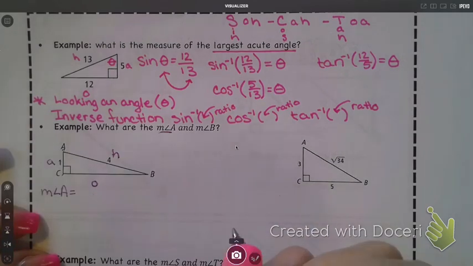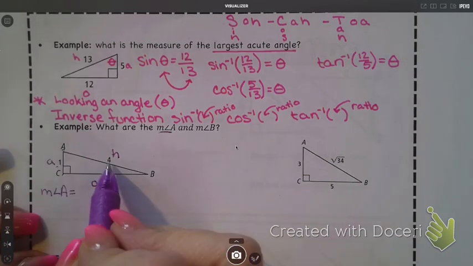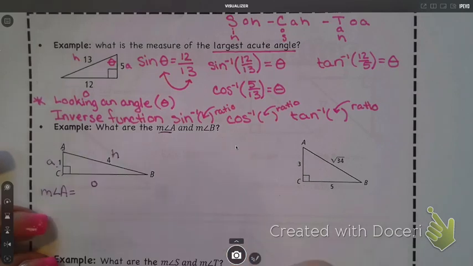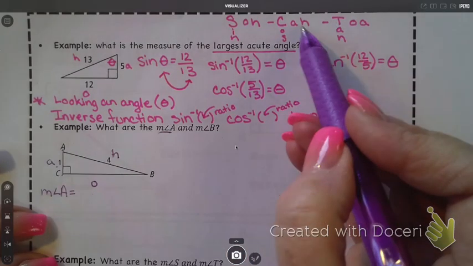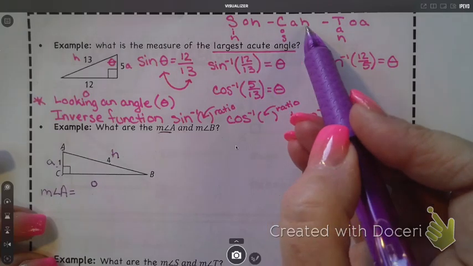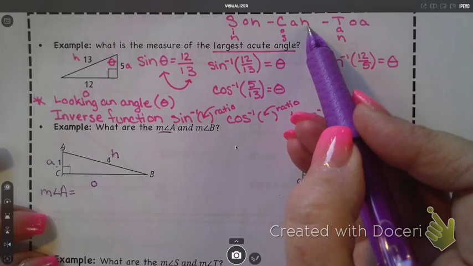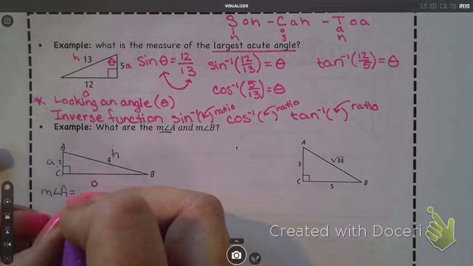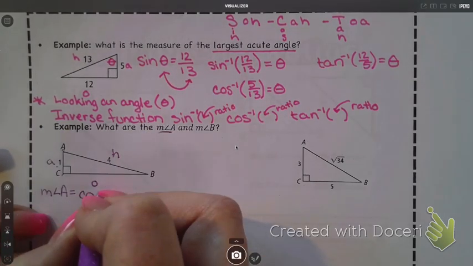So I have the adjacent and the hypotenuse, so which function do I have to use? I have to use cosine, because cosine is adjacent and hypotenuse, correct? So I'm looking for an angle, so I'm going to use the what function? Inverse function. So inverse cosine, and how do I show inverse?